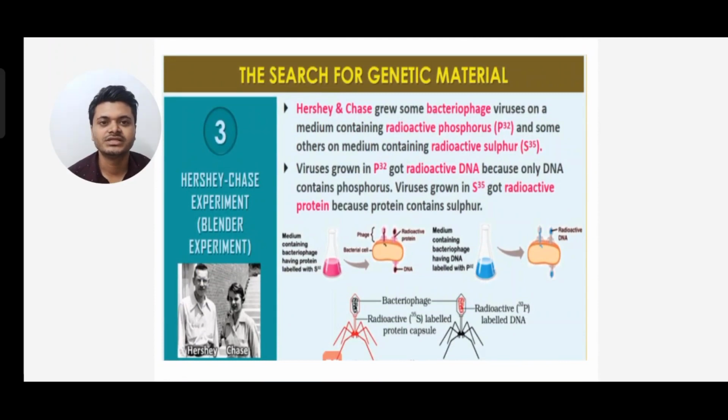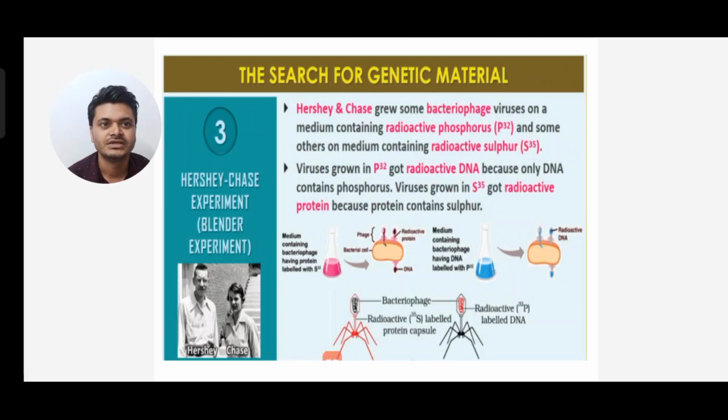Next, the third experiment is the Hershey-Chase experiment, that is a blender experiment. Hershey and Chase grew some bacteriophage virus on a medium containing radioactive phosphorus, that is 32P, and some other on a medium containing radioactive sulfur, that is 35S.